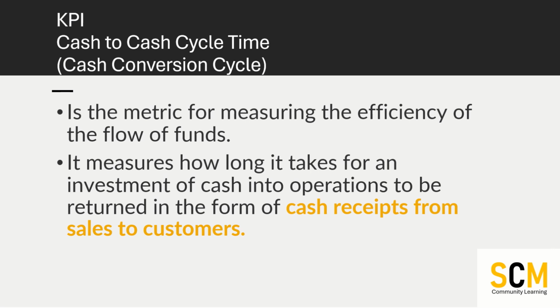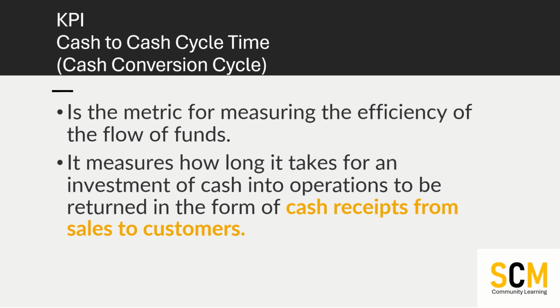We have some KPIs for SCM. The most important one is cash to cash cycle time, also called cash conversion cycle in the market nowadays. What is this KPI, cash to cash cycle time? Well, it's the metric for measuring the efficiency of the flow of funds.